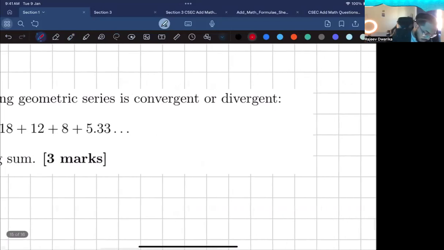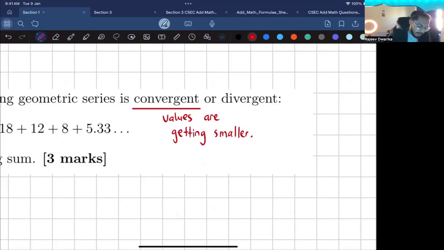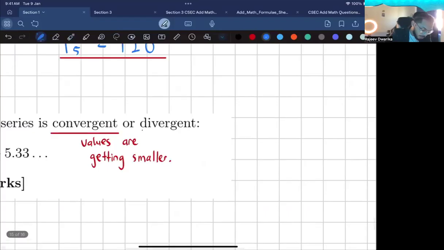Right. So convergent means that the values are getting smaller, and what does divergent mean? The value is getting bigger. Right.